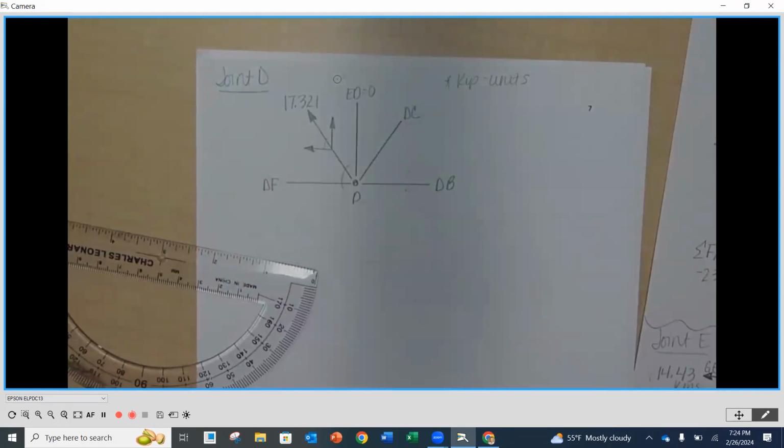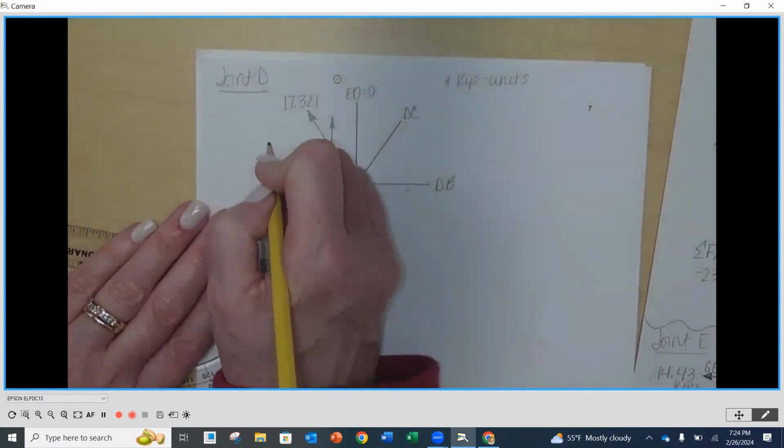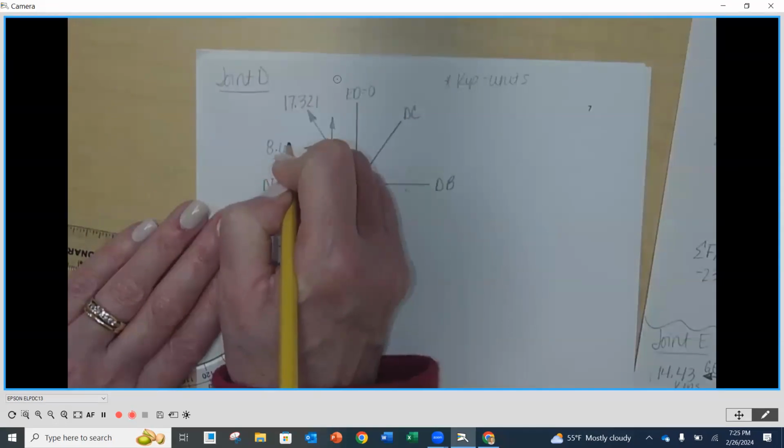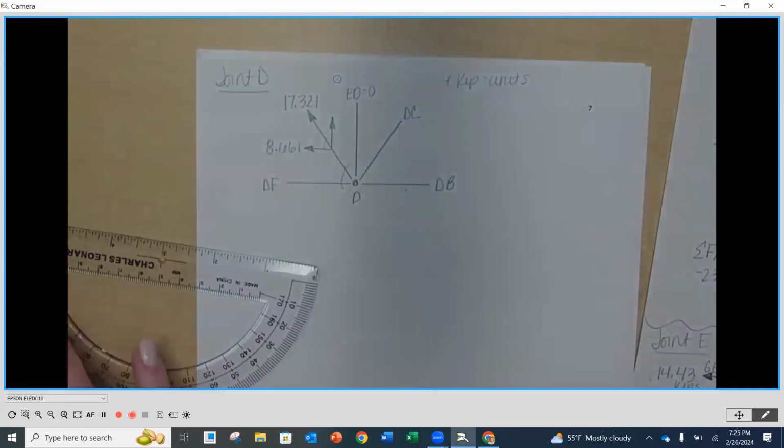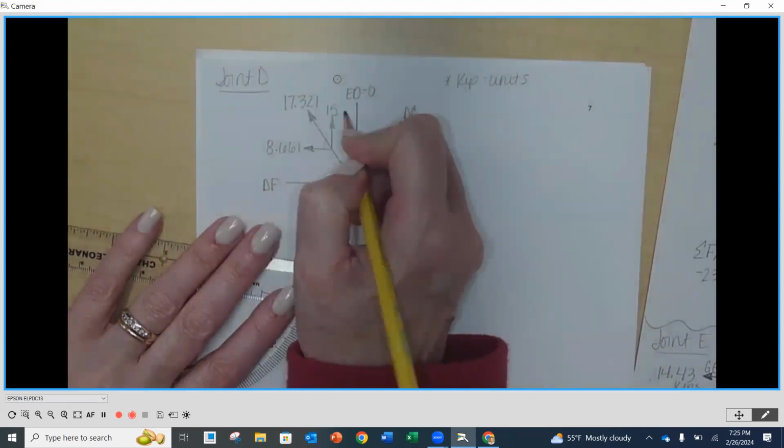So I'm going to take that 17.321 and multiply it first by 0.5 for my X component, and that's going to be 8.6605. And then my Y component is going to be 0.866 times 17.321. That's going to be an even 15 kips.